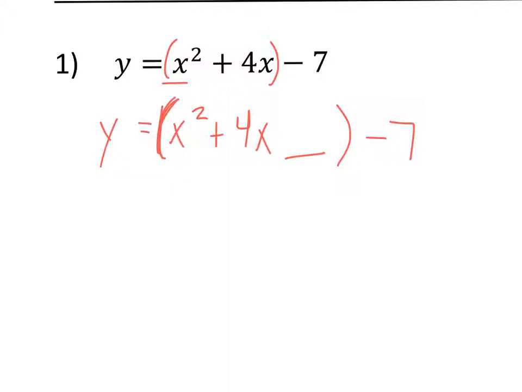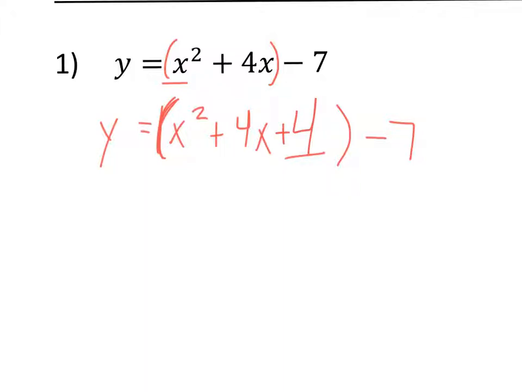The rule is that this c value is half of your b, squared. So whatever your b is, cut it in half and then square that number. So 4 cut in half is 2. 2 squared is 4. So this will be a 4.